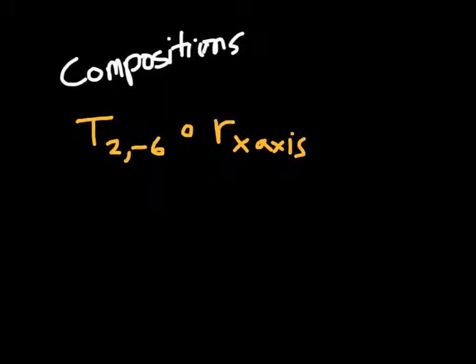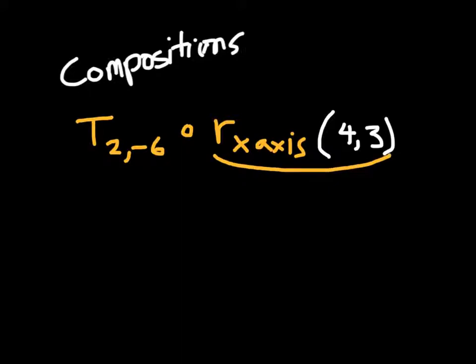And if I'm asked to take a point and do a composition like this, the important thing is that you work it out right to left. The first move you have to do is to take this point and reflect it over the x-axis. That would give me 4, -3. When you reflect over the x-axis, the x stays the same and the y changes.